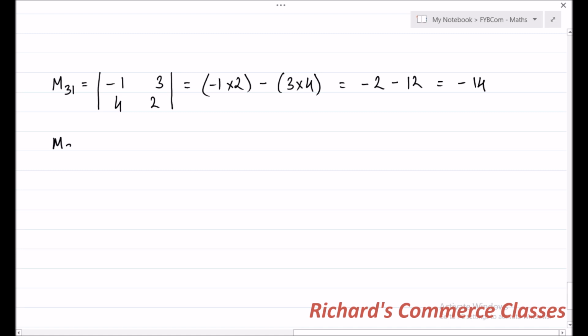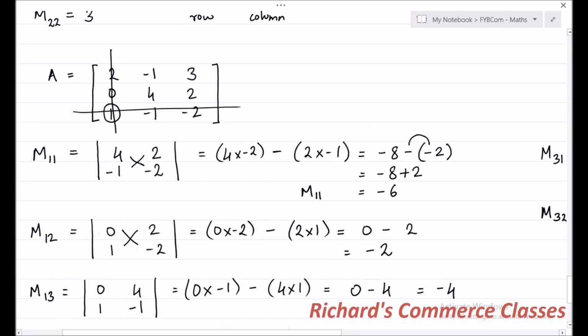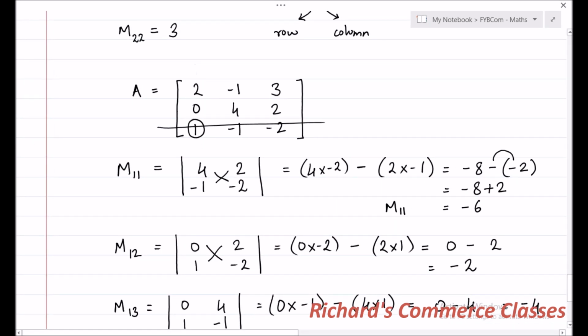The next element will be M32, that is the third row but second column. Here is our original matrix. Third row, second column, and the element is minus 1.